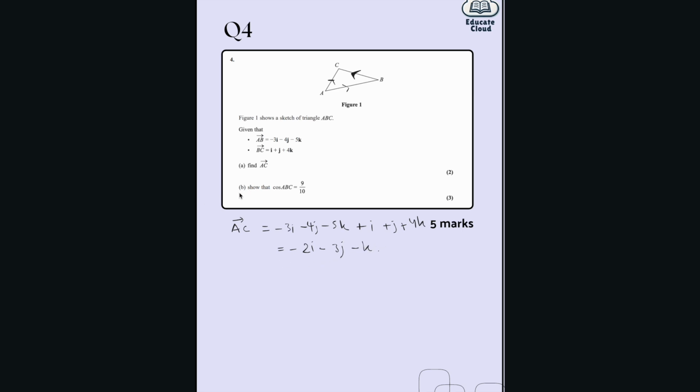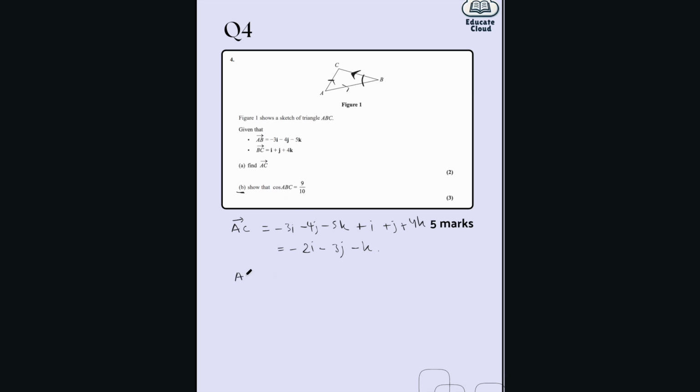Okay, and for part B, we need to show that cos of ABC is 9/10. So here, we need to find the magnitude of AB, AC, and BC, and then use the cosine rule. Okay?